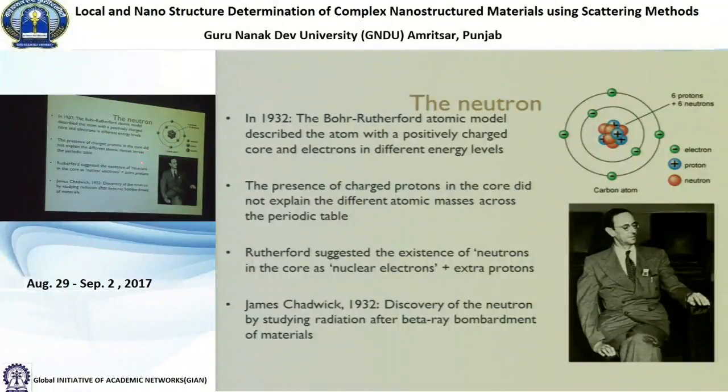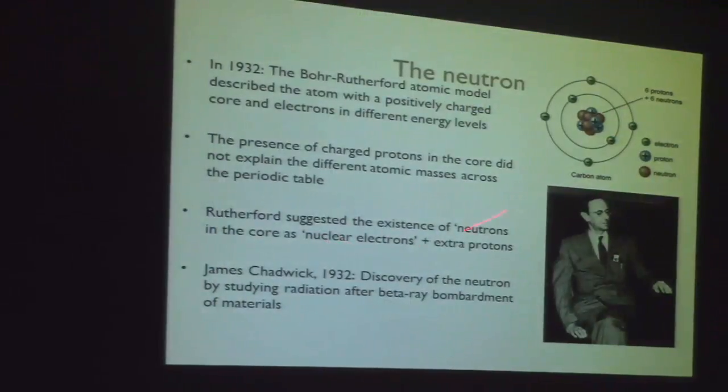These are neutrons, and actually Rutherford thought they were nuclear electrons. He thought there were additional protons present in the nucleus, but also additional electrons confined in the nucleus that gave charge balance.